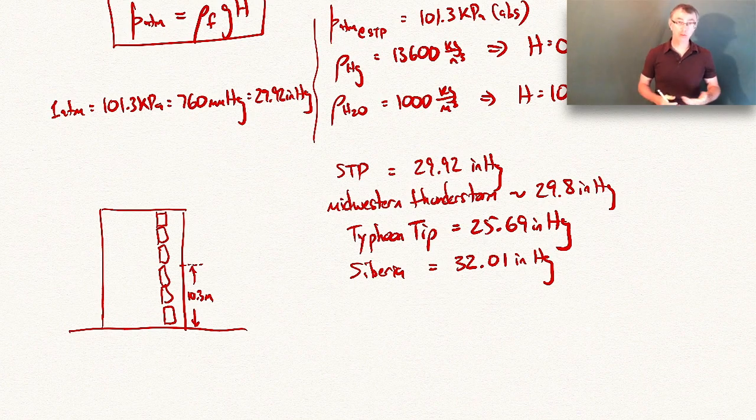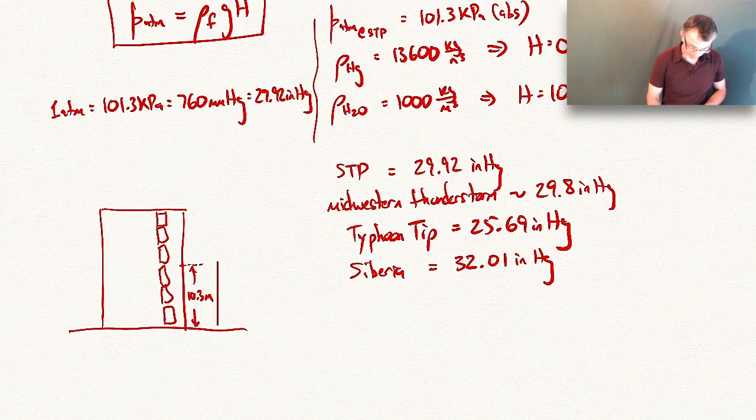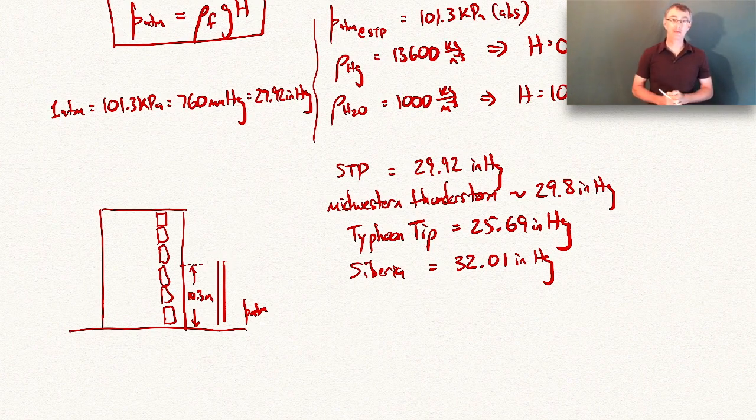So let's say we wanted to get some water to the top of this building. One way you could try to do that is to draw a vacuum. Let's say we had a pipe here that was this tall. We'd have atmospheric pressure out here, and we could try to draw a vacuum right at the top of this pipe. If we draw a vacuum at the top of the pipe, the highest the water will go in this pipe will be 10.3 meters.